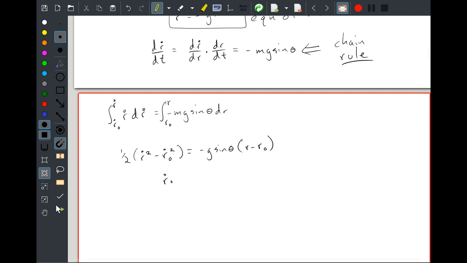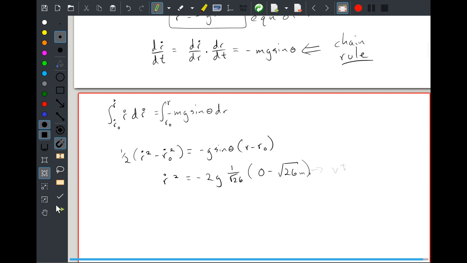So r dot squared is negative 2g times 1 over root 26 minus root 26.